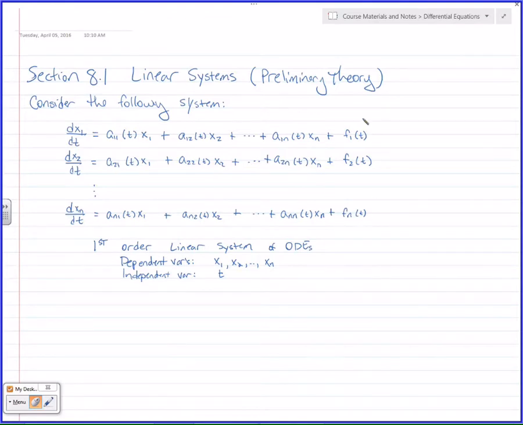So that if all of these were 0, all you would have is the dependent variables on the right-hand side and their coefficients. You wouldn't have something extra depending on just t. So that's the homogeneous case, okay?